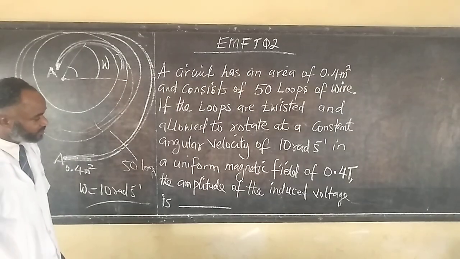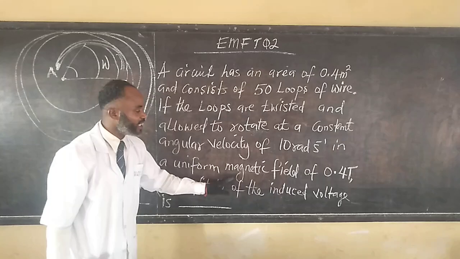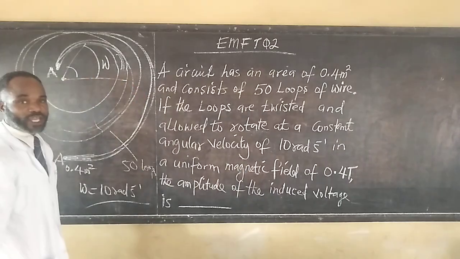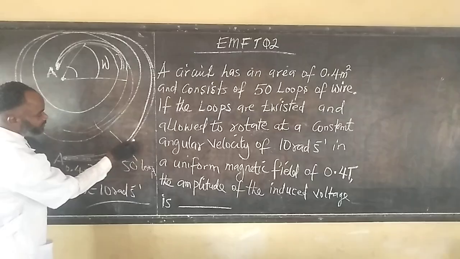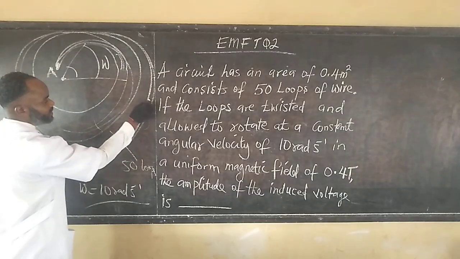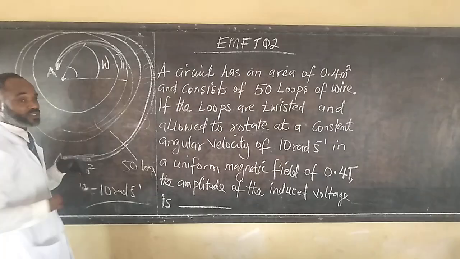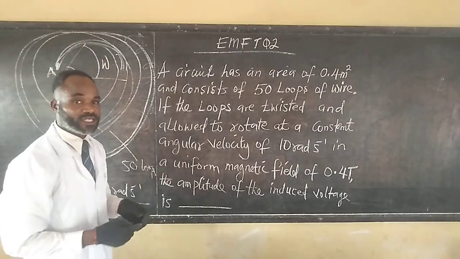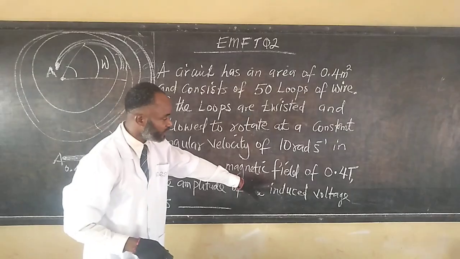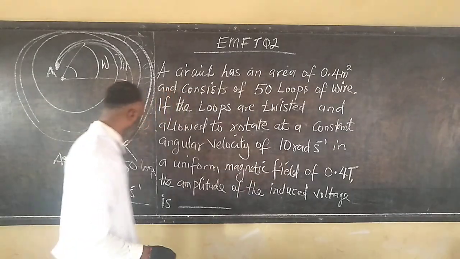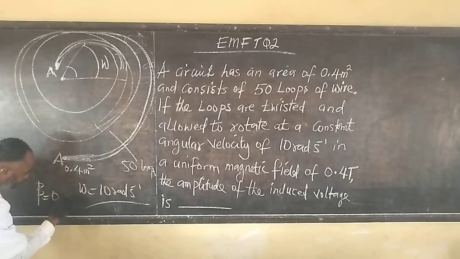What next? We are talking about uniform magnetic field. The coil has some magnetic flux around it, very tiny, which cannot be seen with our naked eyes. We can see this with some high-rated instruments. And that magnetic field is of value 0.4. Magnetic field B is equal to 0.4 Tesla.